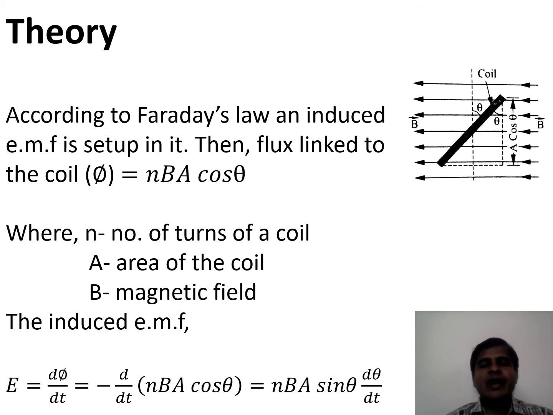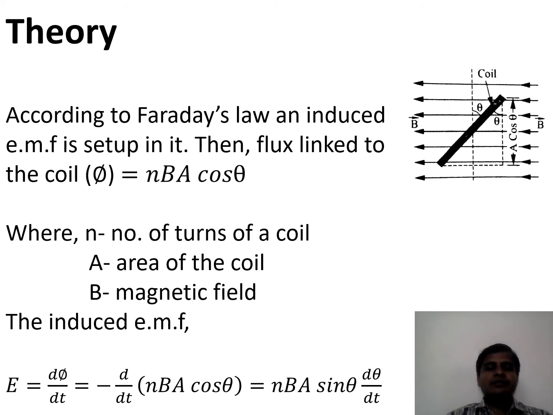Then, according to Faraday's law, an induced EMF is set up inside the coil. Then the flux linked to the coil, that is psi, is given by N into B into A cos theta, where N is the number of turns of the coil, B is the external magnetic field, and A is the area of the coil.